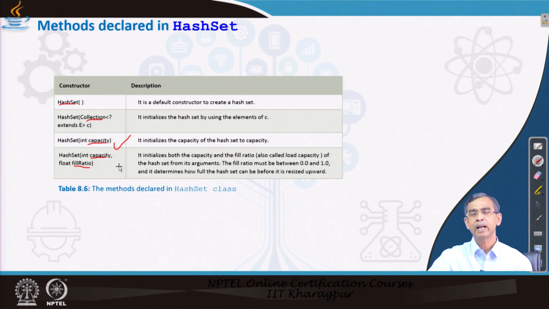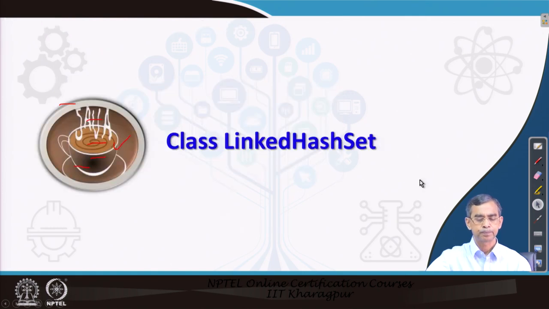The fill ratio value can be anything above 0 to less than 1.0, so in between 0 and 1.0. As I said, a fill ratio of 0.75 means that when it is 75% full, the capacity of this hash set is increased. This concept is followed to automatically grow the hash set collection for your storage.